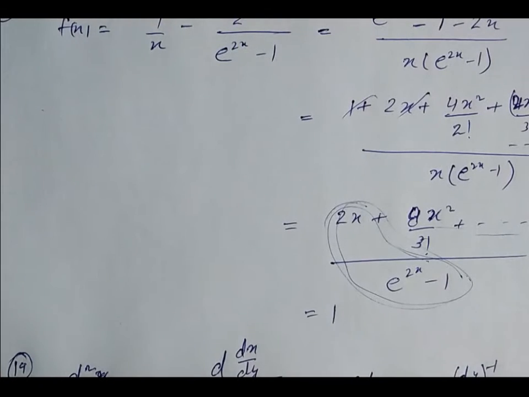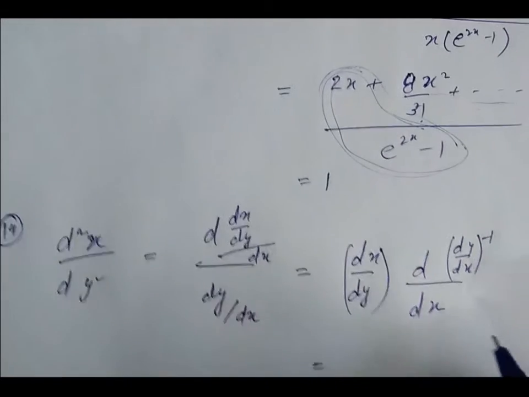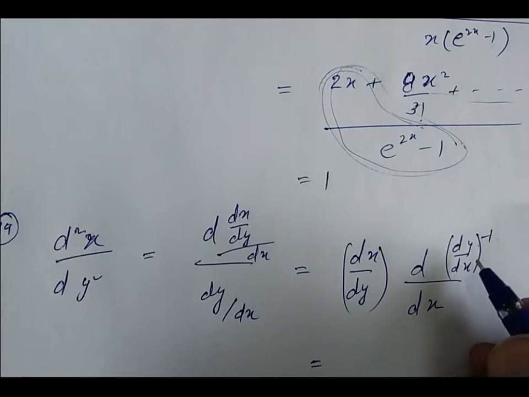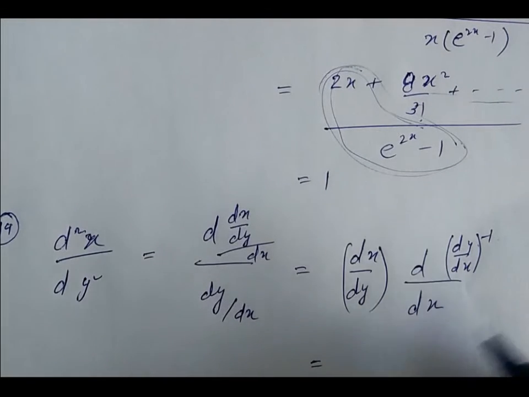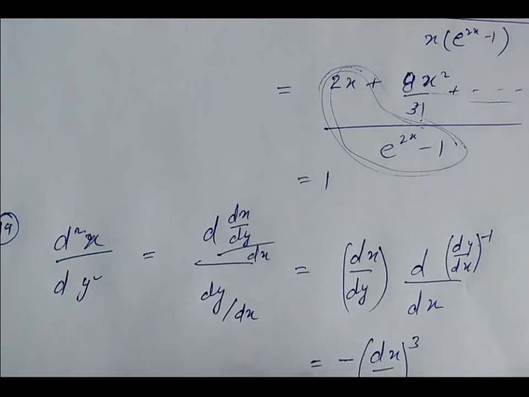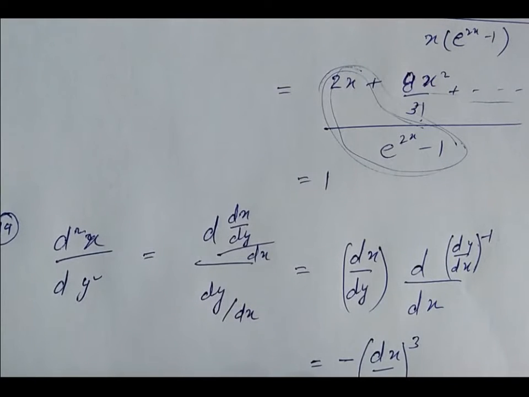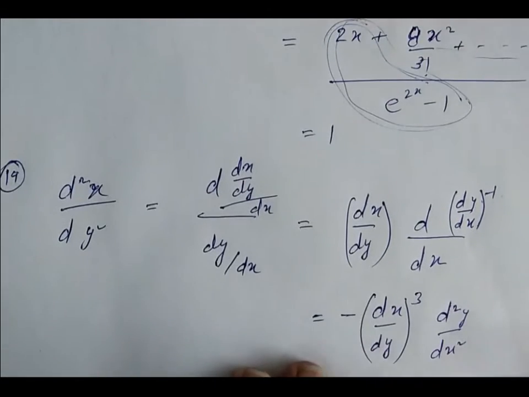Now differentiate this. On differentiating we get, differentiation of x to the power minus 1 is minus x to the power minus 2. So this would become minus of (dx upon dy) cube, and differentiation of this with respect to x would be d square y by dx square. So this is the answer.